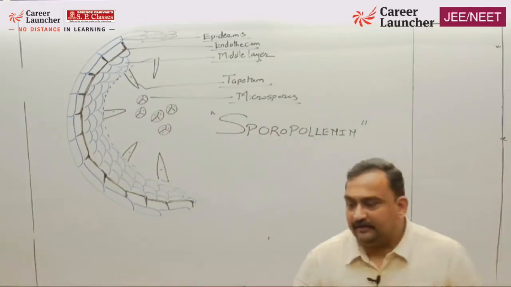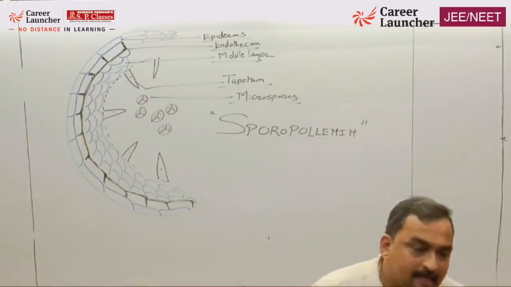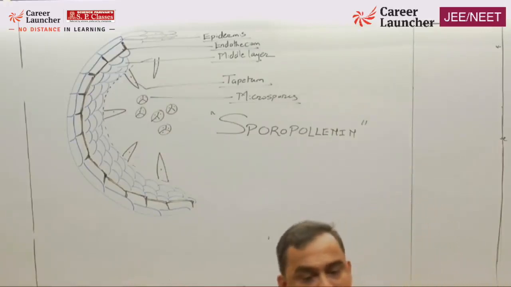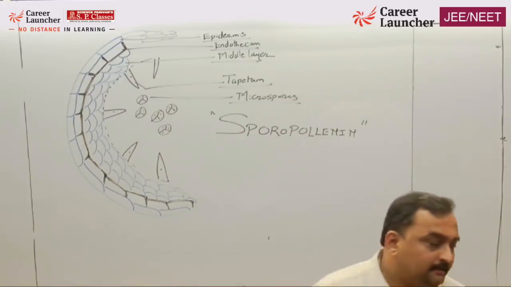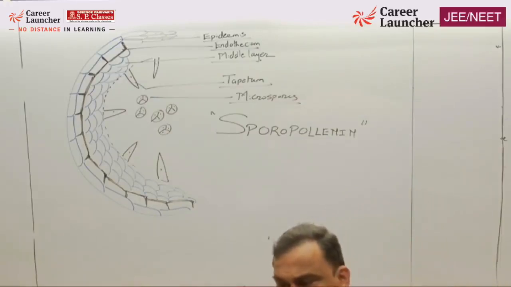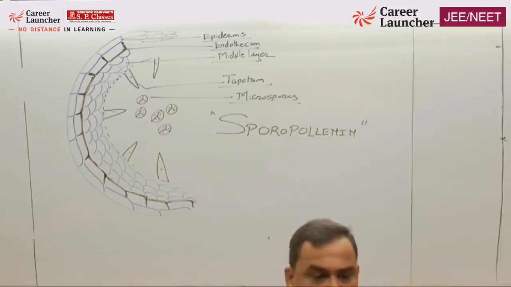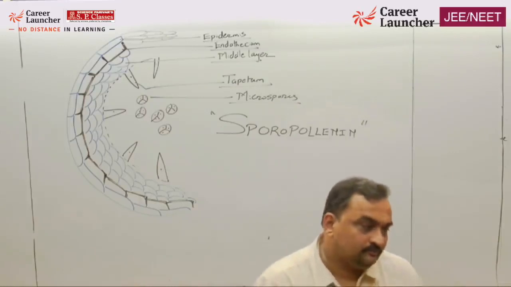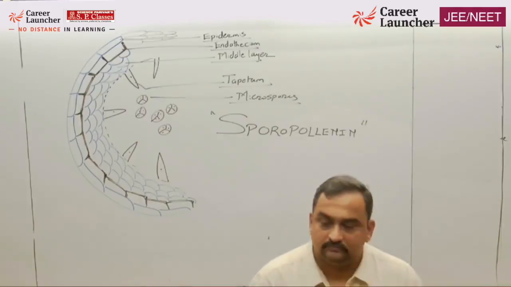At maturity, next point, these undergo meiosis to form what?